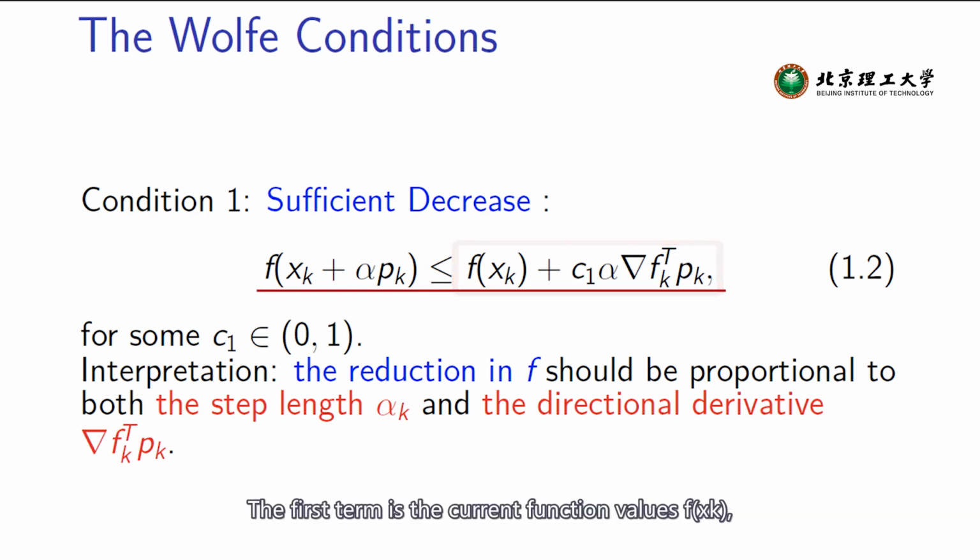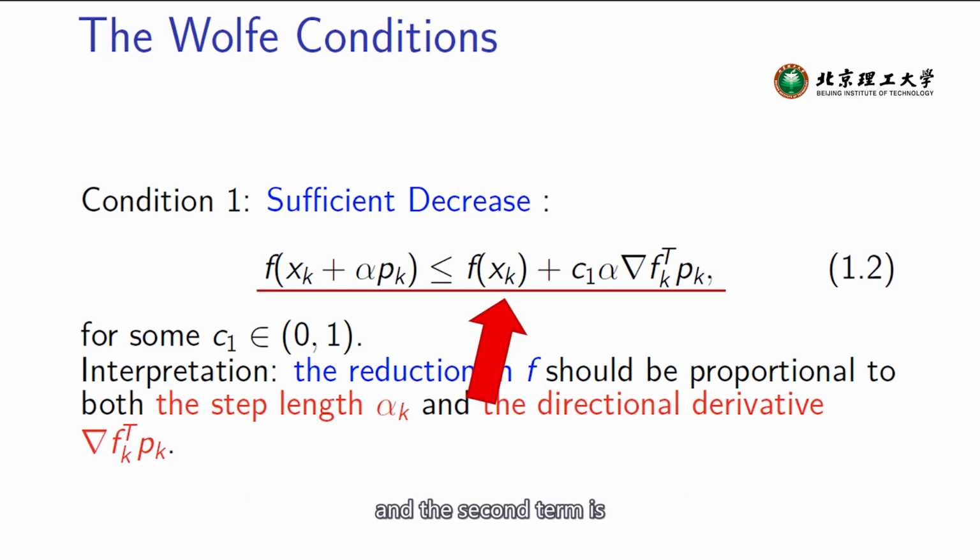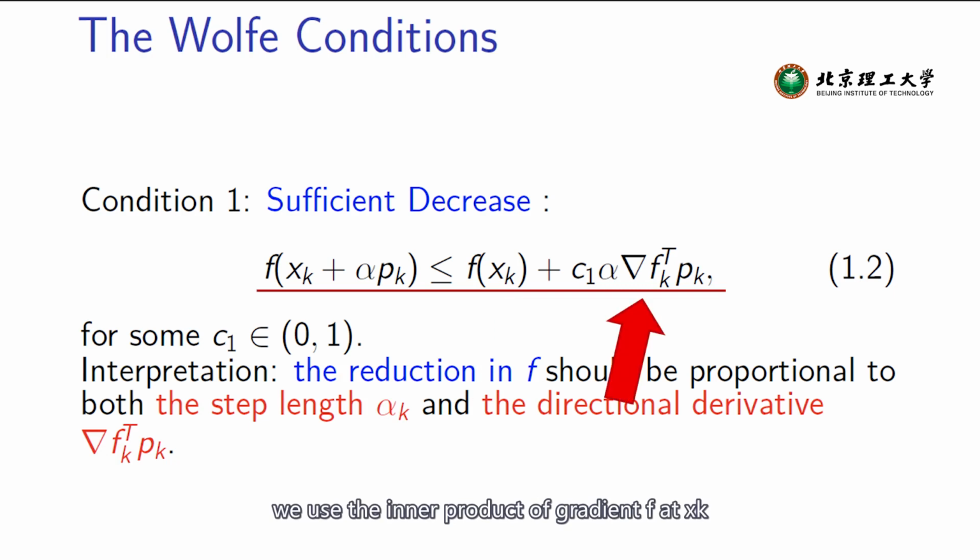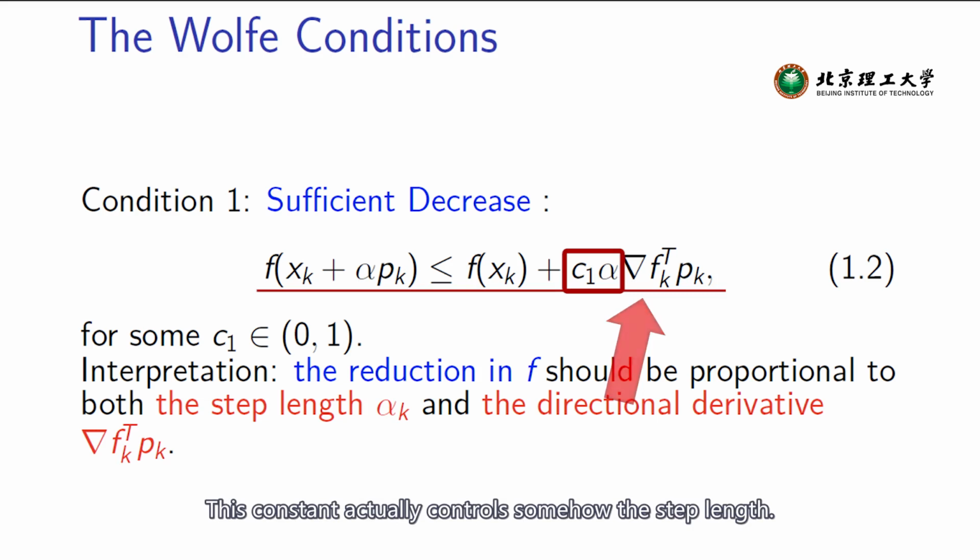The first term is the current function value, f(xk). And the second term is the inner product of the gradient of f at xk with the direction pk, multiplied by a constant c1 and alpha. This constant somehow controls the step length.